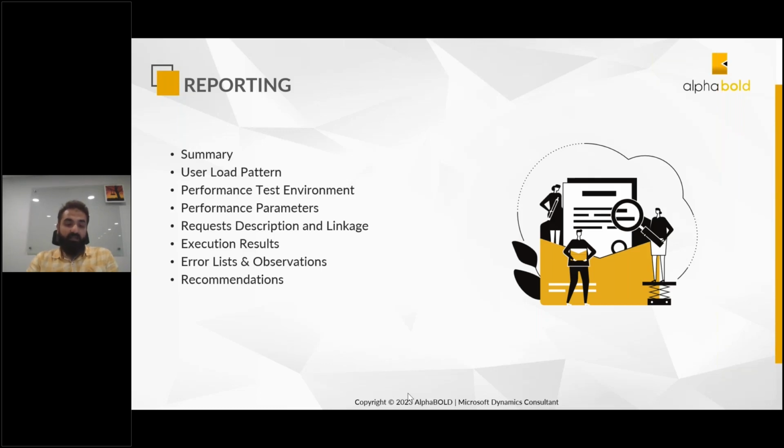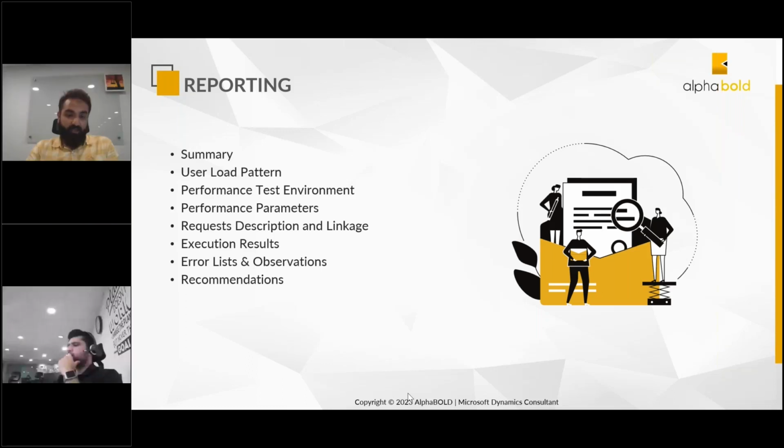And then until you land on the main page, the number of requests which are generated by the application are captured over here. So we present each and every request that has been generated by the tool and for which JMeter has got the response from the server.